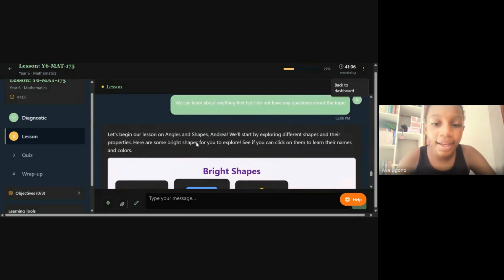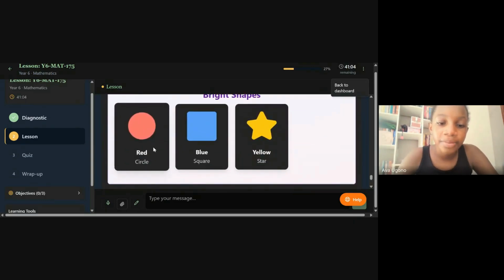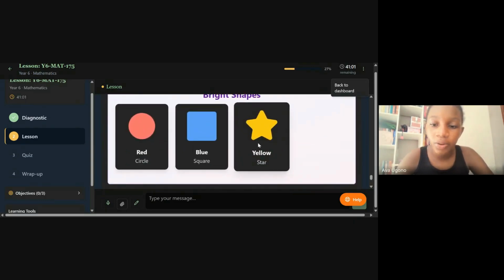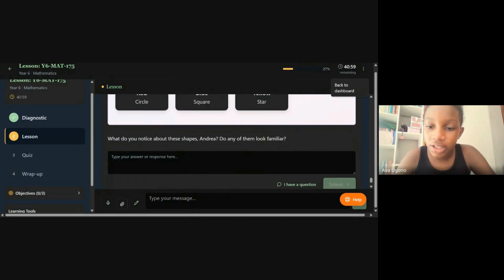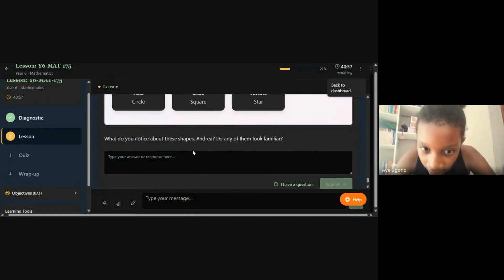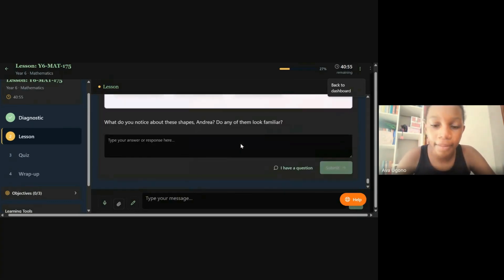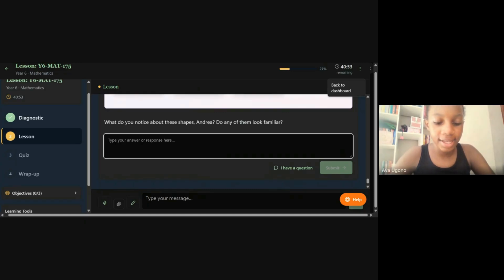Now it has given me these three shapes: a red circle, blue square, and yellow star. It's saying, what do you notice about these shapes? Do any of them look familiar? So I'm going to say yes. All of the shapes look familiar. I have seen them.